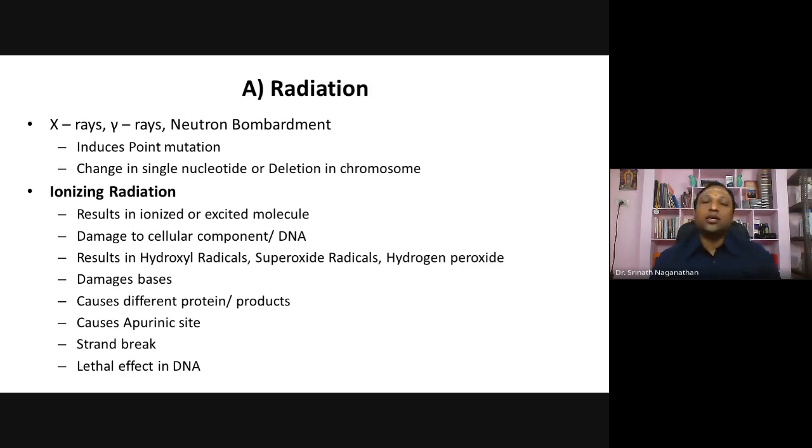As we have seen during replication, if an apurinic site is there, that site will be empty, so the pairing will not take place properly and the mutation can occur. And also there is strand damage or strand breaking, and lethal effects in the DNA, which can be seen over a period of a few years, almost like 10 or 15 years.